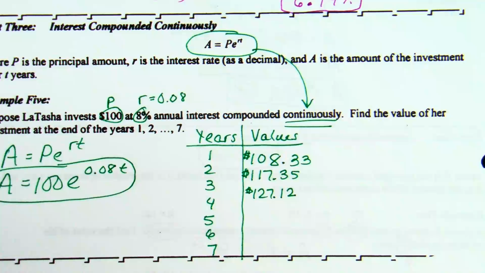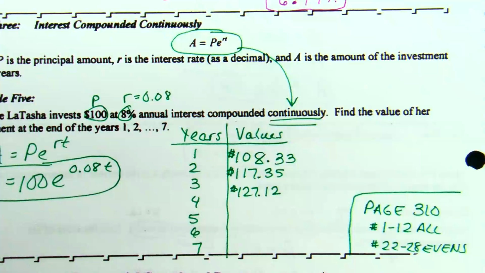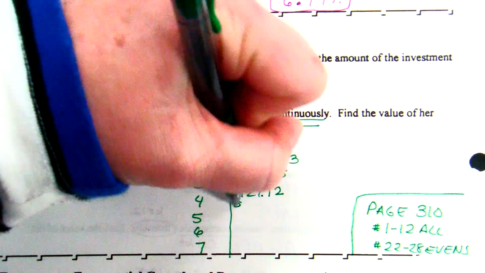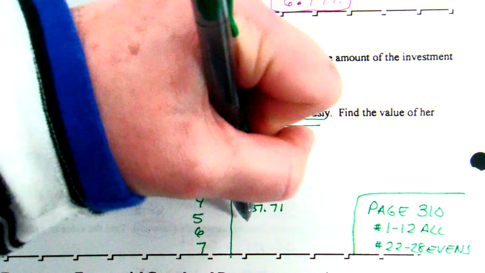Are you guys getting these? Okay, so the numbers, if you haven't gotten them, at 4 it's 137.71.